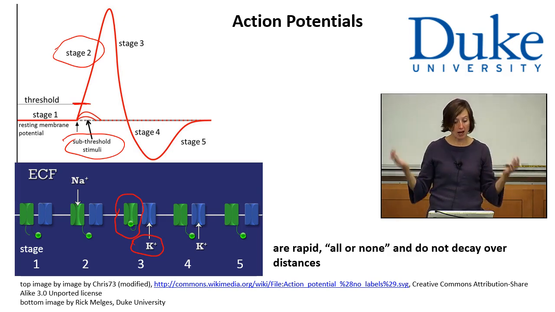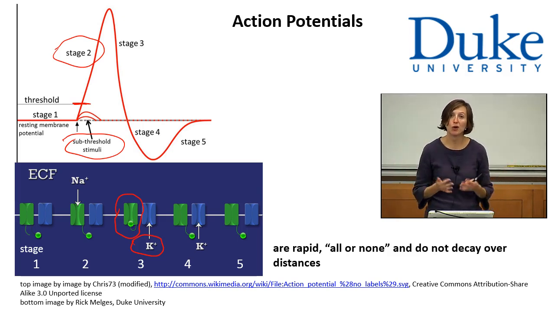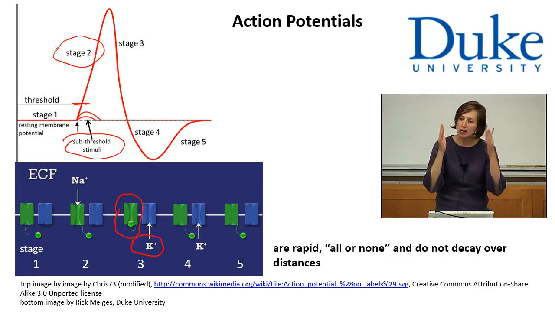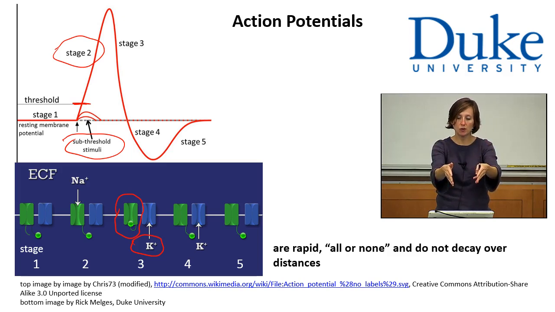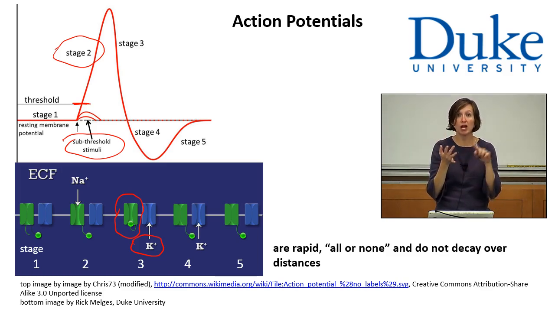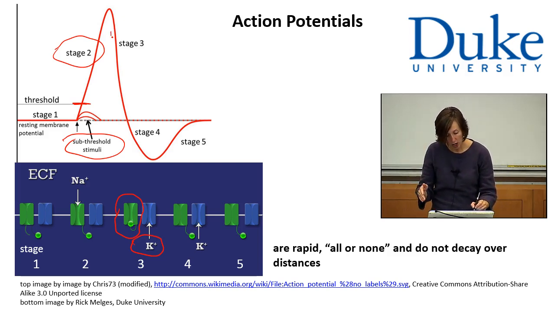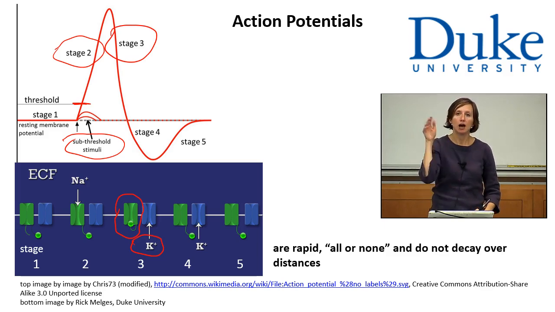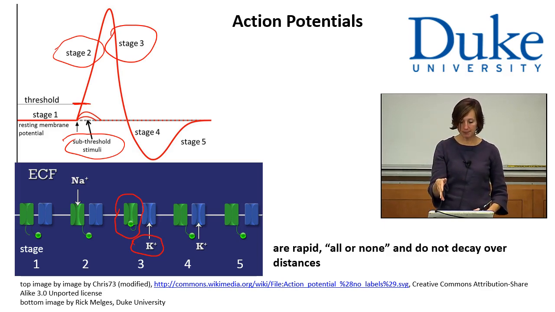So if we've got only potassium channels open, then the membrane potential is going to head towards the equilibrium potential for potassium. Those potassiums are going to rush out of the cell based on both the chemical and electrical gradient at this point. And so we're going to have a big repolarization of the membrane in stage 3.